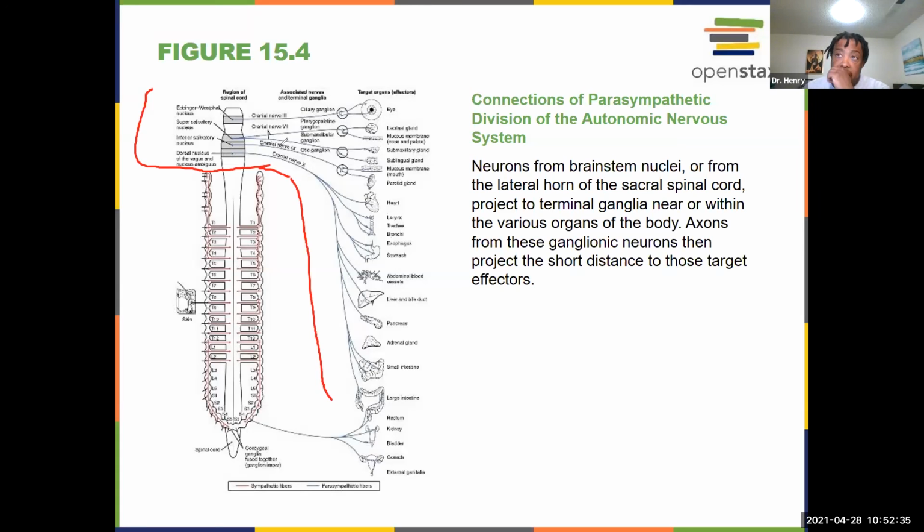The cranial nerve 9 is going to be to your mucous membrane and your parotid gland. And cranial nerve 3 is going to be attached to your eye. And so the distances that these are traveling are shorter than in the case of the sympathetic nervous system.